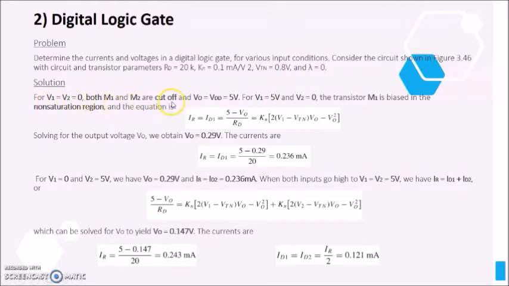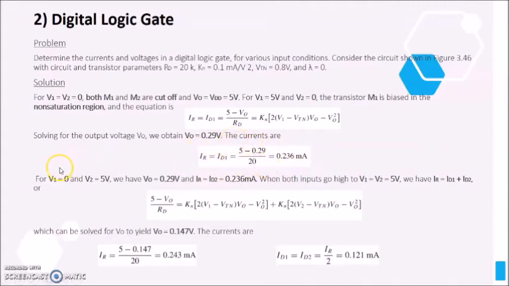Both M1 and M2 are cut off and VO equals VDD, which is equal to 5 volts. For V1 equals 5 volts and V2 is 0, the transistor M1 is biased in the non-saturation region. Using the equation below we can find VO. After that we can substitute the value of VO in the equation below and get the value for current.